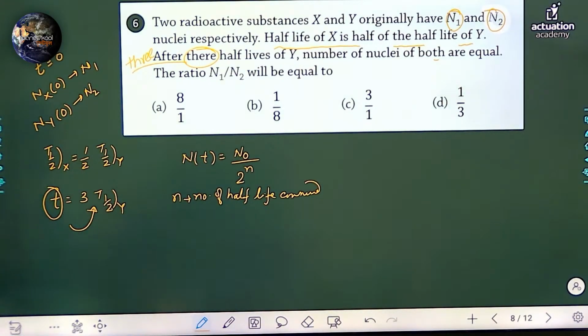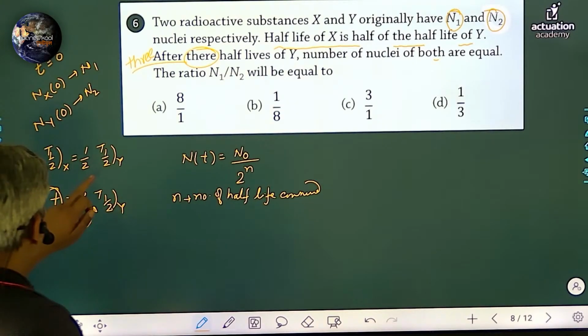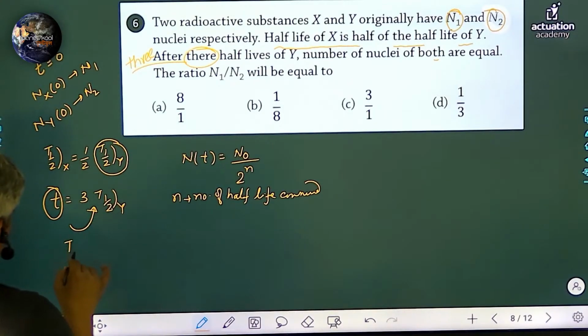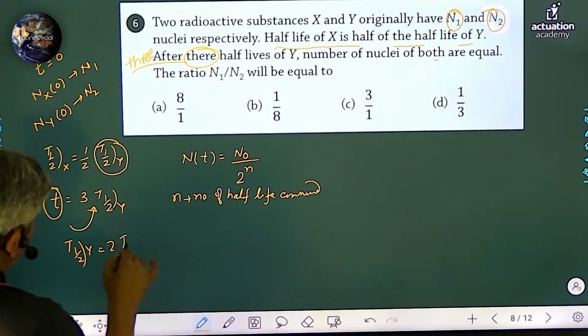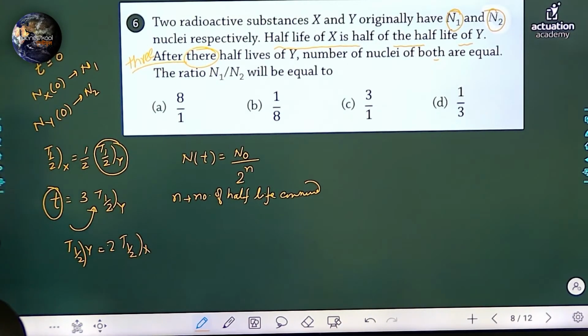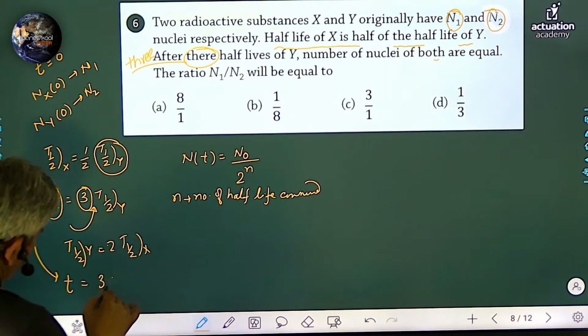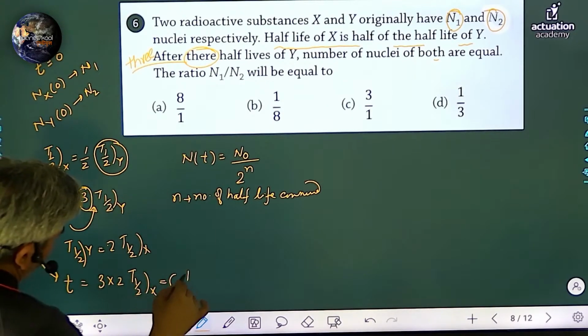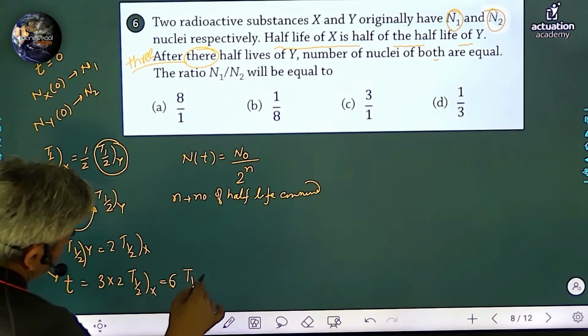Now we know that T half of Y is equal to 2 times T half of X. So if in time T, 3 half-lives of Y have been consumed, then in the same time we can write that there are 3 into 2 into T half of X, meaning 6 half-lives of X have been consumed.